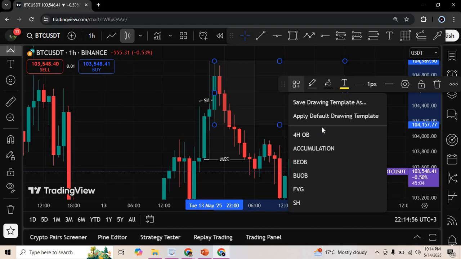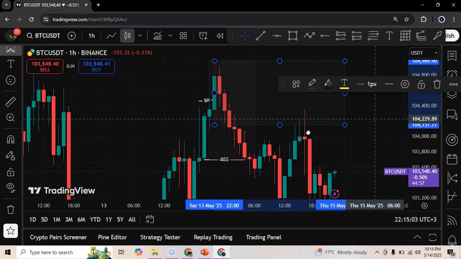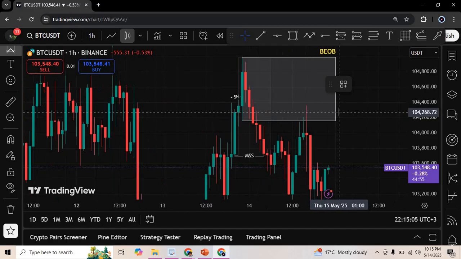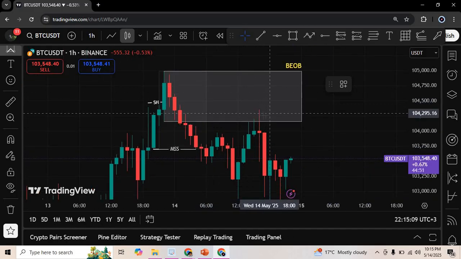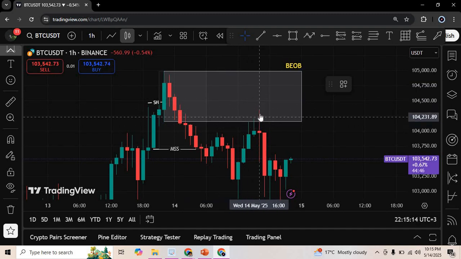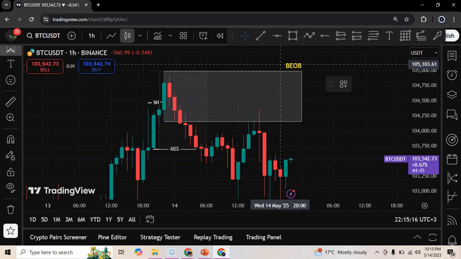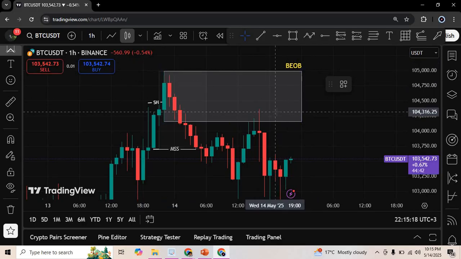Order block or breaker block. Order block. Yes, a bearish order block. And if you see, the market actually came up to do what? To mitigate that. You can see the market in the zone of the bearish order block, I've highlighted it like that.